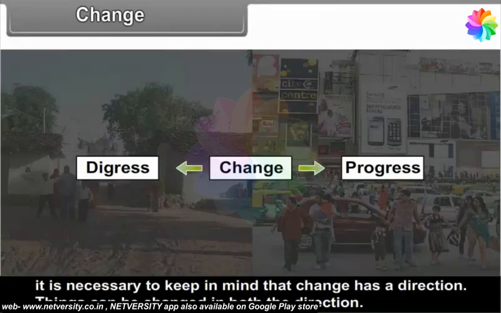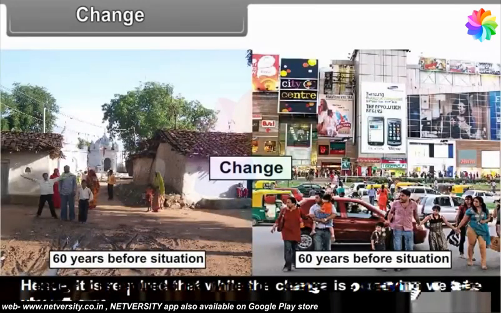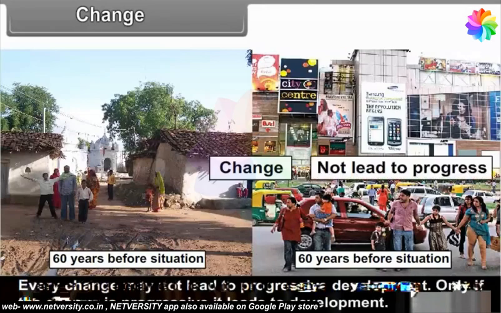Things can be changed in both the directions. Hence, it is required that while the change is occurring, we take utmost care. Every change may not lead to progressive development. Only if the change is progressive, it leads to development.